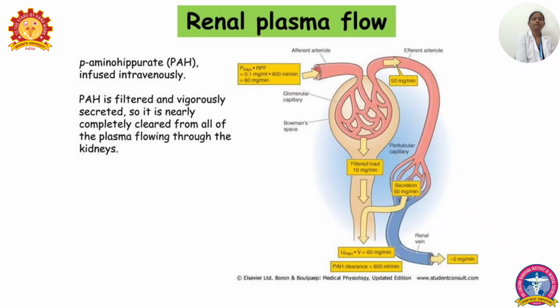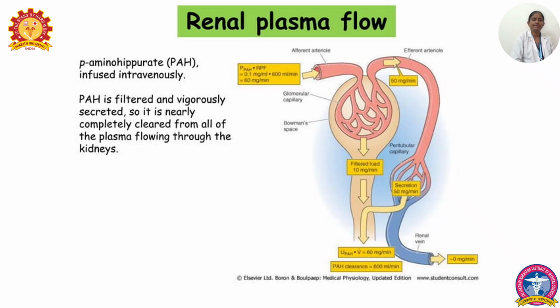Then we measure the urinary concentration and plasma concentration, and by applying those values into the C equals UV by P formula, we can measure the renal plasma flow. So you can now note down that GFR can be measured by inulin and creatinine clearance, and renal plasma flow can be measured by PAH.